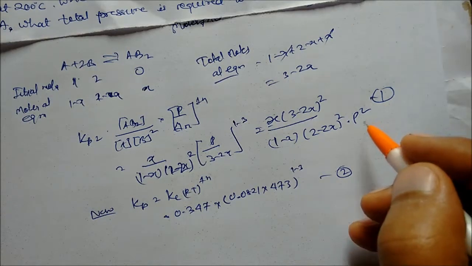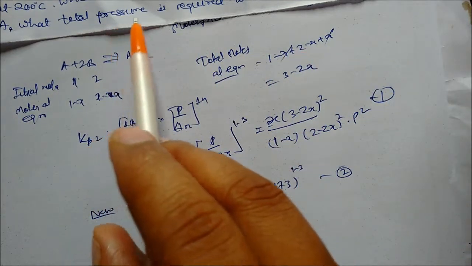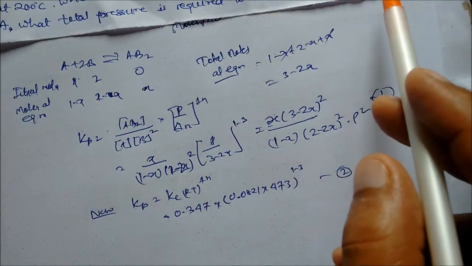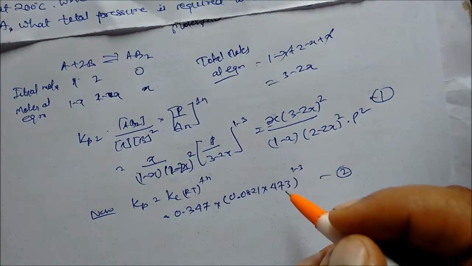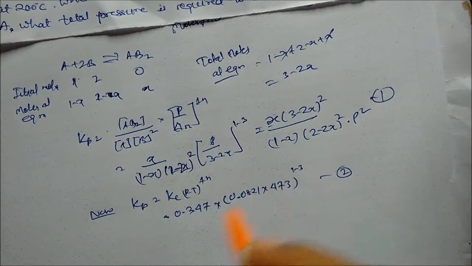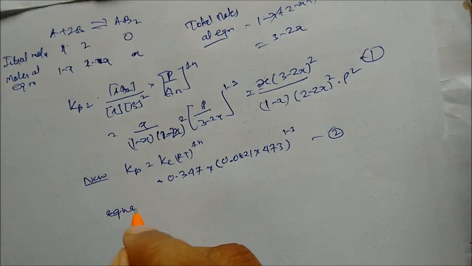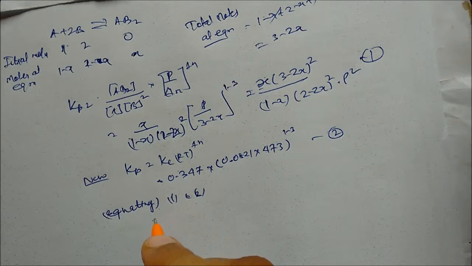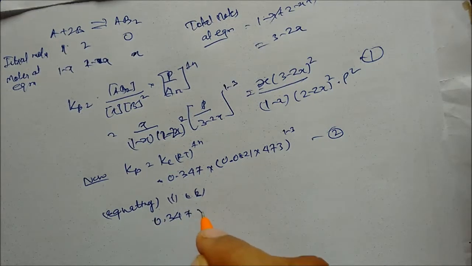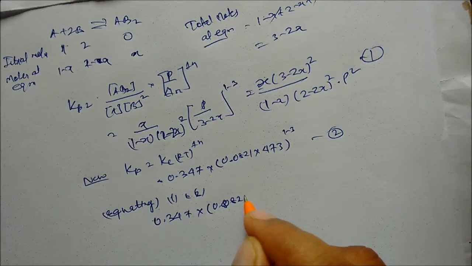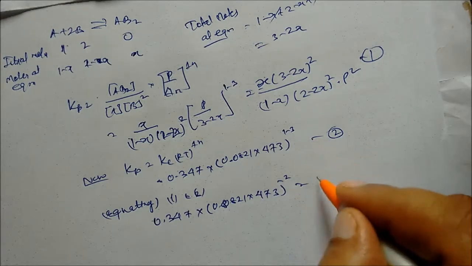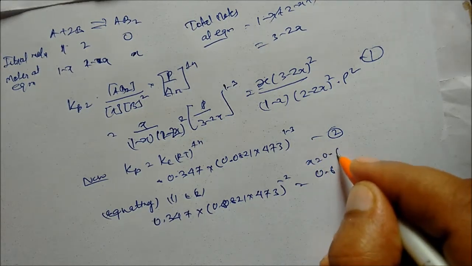Here in this case, 60% of A is converted. So if you solve it, equating 1 and 2, we will get 0.347 multiplied by 0.0821 multiplied by 473 to the power minus 2, and this is equal to, x is given as 0.6.